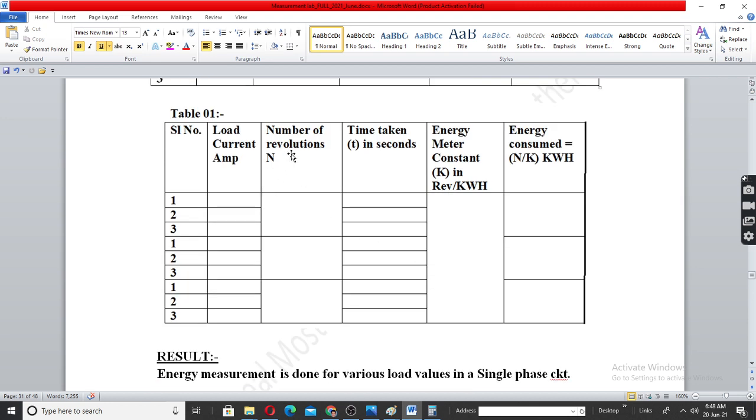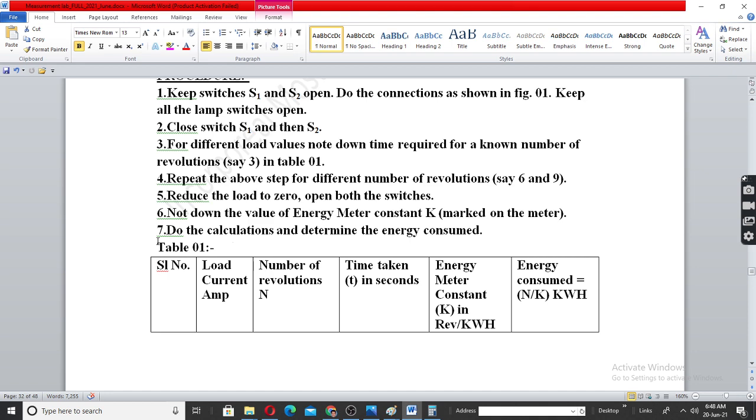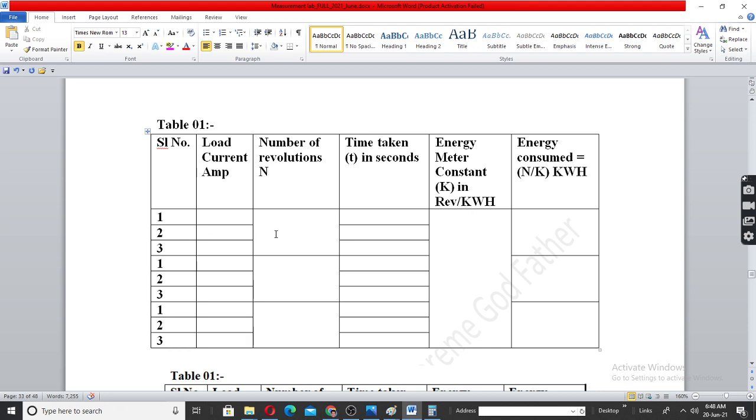Assume that you write here 3, number of revolutions of the disk, say 3, 6, 9. It means you are noting down the time taken for 3 revolutions. Let us take a table. You can write 3, 6, 9, or 5, 10, 15 as you wish.